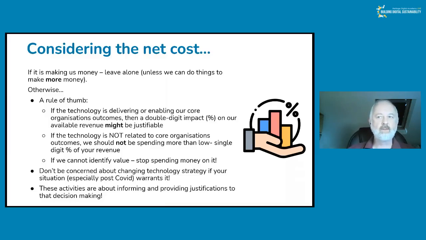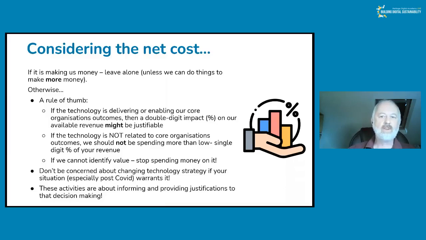You're the only ones who can judge that, but you could potentially be looking at that kind of percentage and decide that it's reasonable. Anyone who's spending more than a very low percentage on your HR system, even things like volunteer scheduling or accounts, you should not be spending very much money on those. And if you are, you need to go and find out why and do something about it.